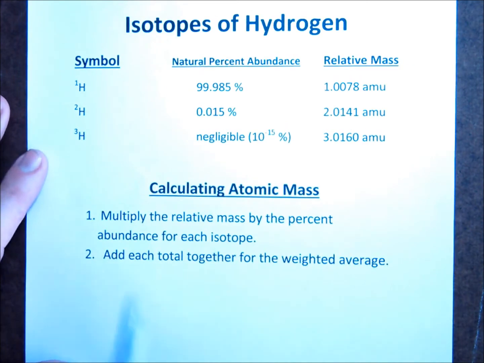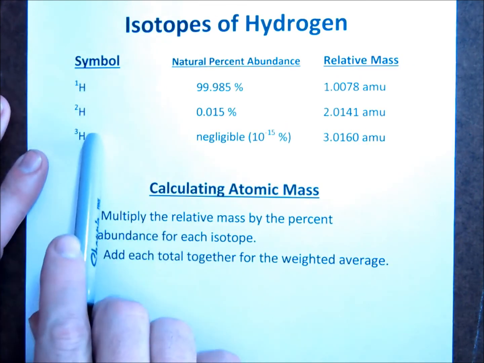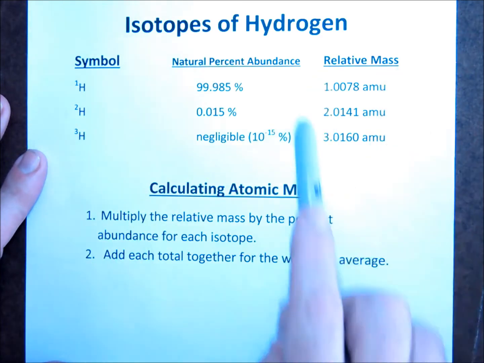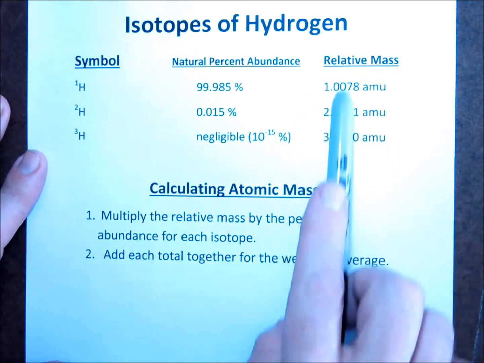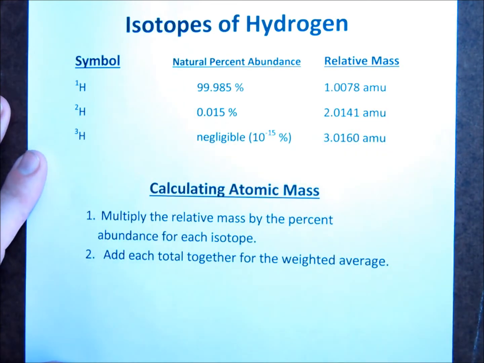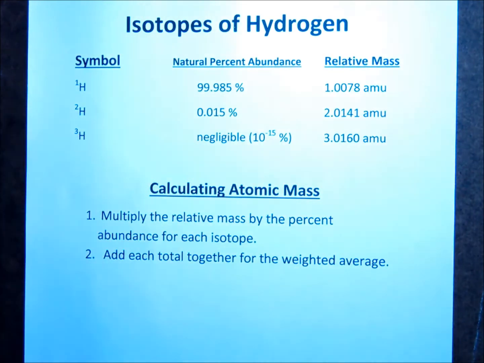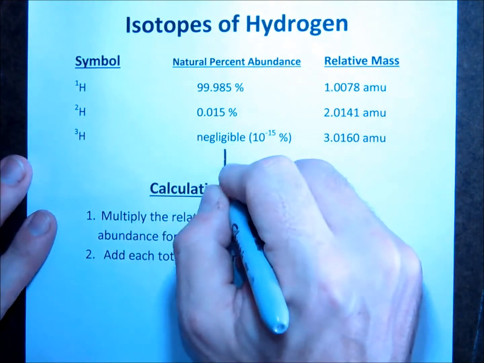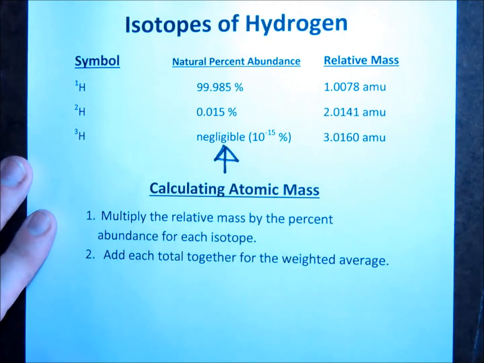Alright, so here's the thing. We've got our three isotopes of hydrogen over here. We have the relative masses that, if you needed to do just a standard average, are right here. Now, the thing about a weighted average is this. You need to multiply these by a percent. And the percent that we multiply these by is what we call the natural percent abundance. This column right here.